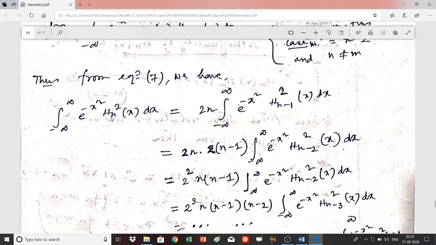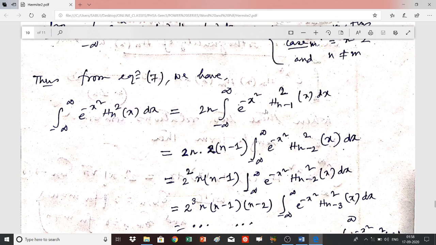This is the polynomial, and here is the next polynomial, that is Hn, and the next polynomial is Hn minus 1. So here Hn square transforms to Hn minus 1, which is one order less than the previous one.